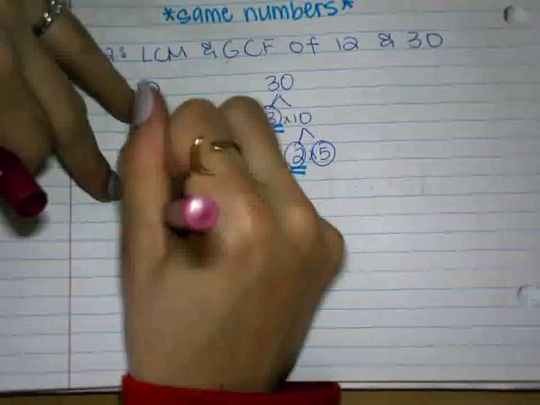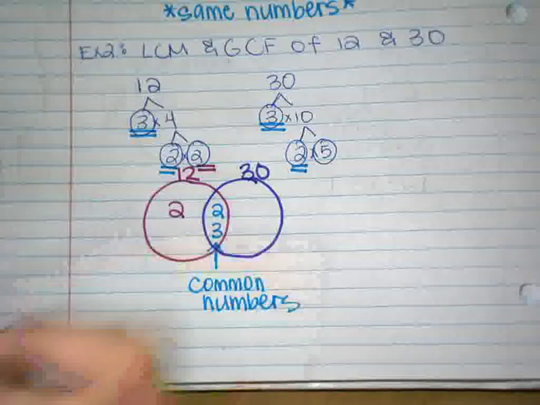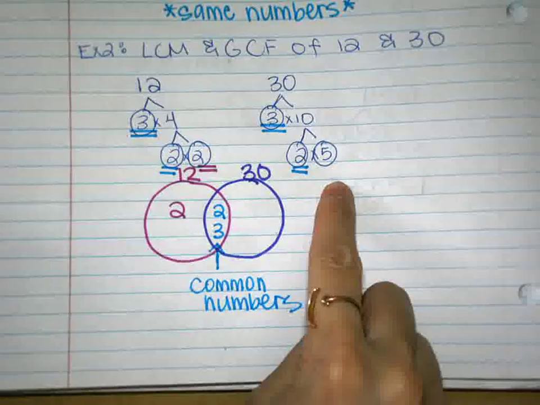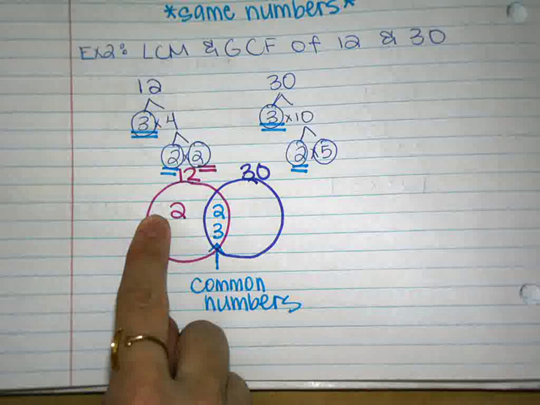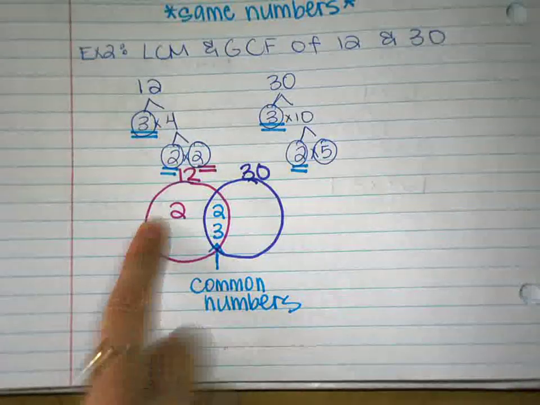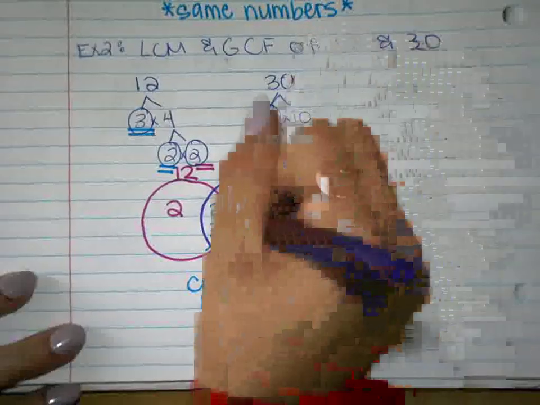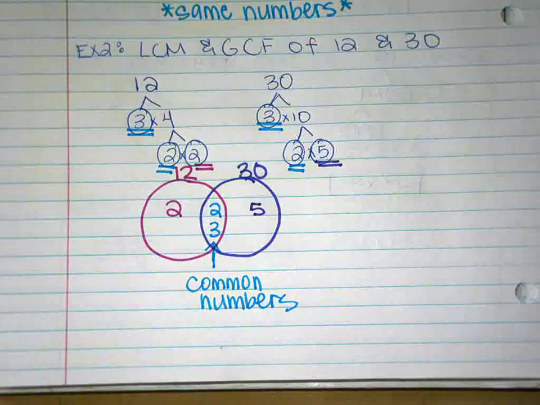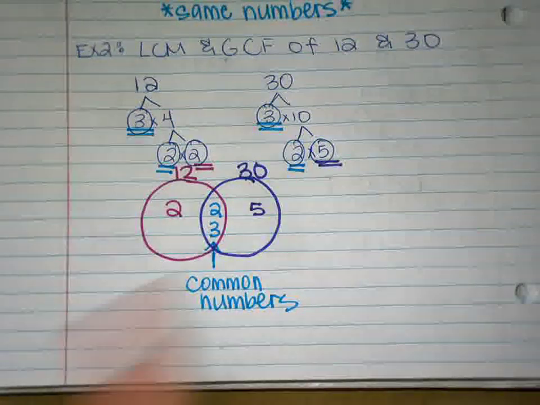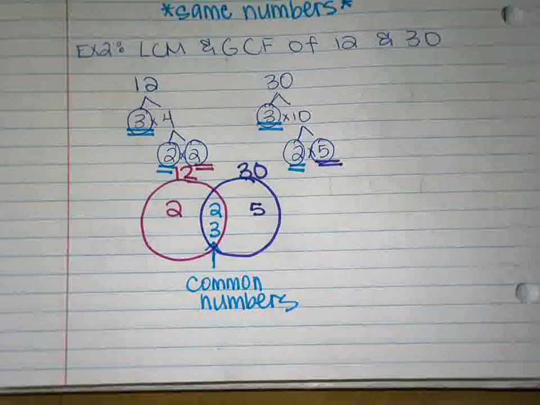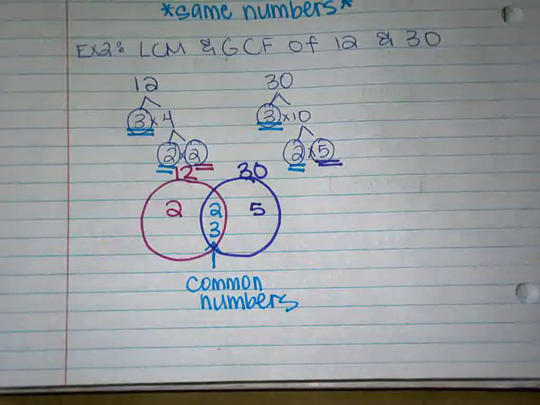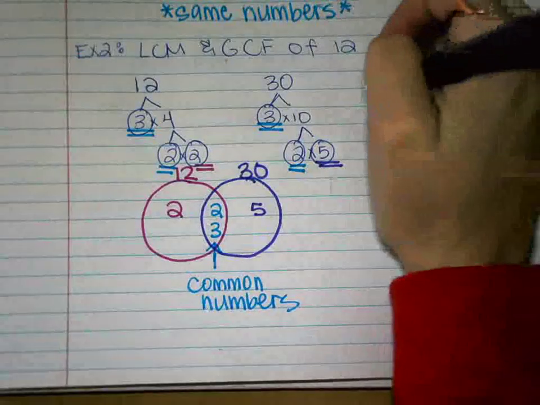Well, that 2 I do not have in common with the 30, so that 2 has to go under my 12. Then I have a 5, and that 5 is not common with your 12, so it has to stay with the 30.